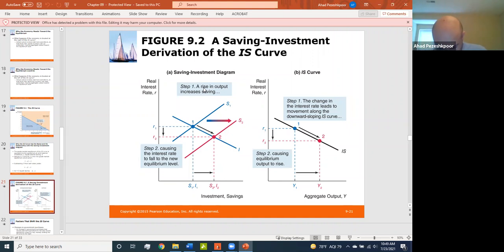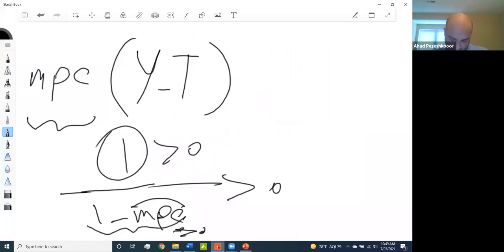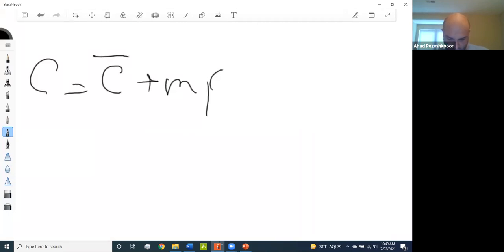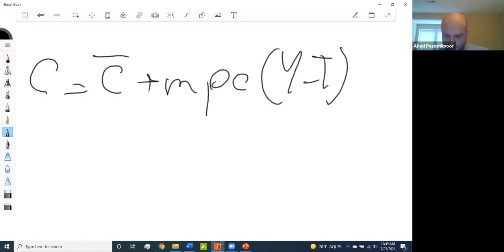Let me draw it. If your Y goes up, this is Y. This part would go up.